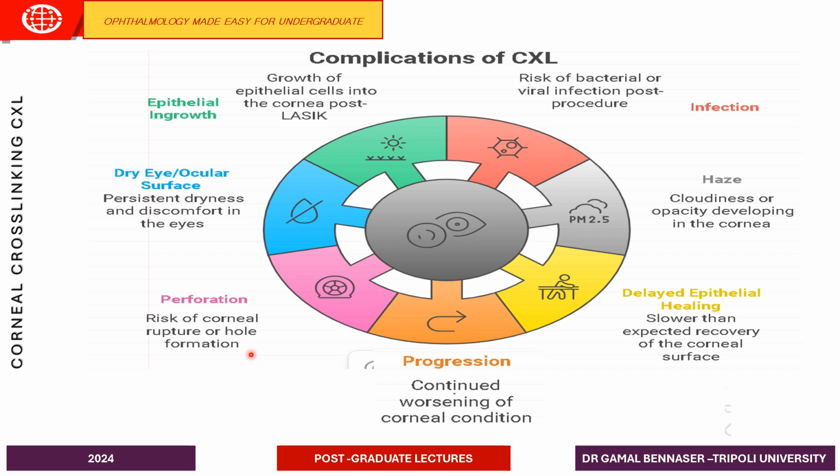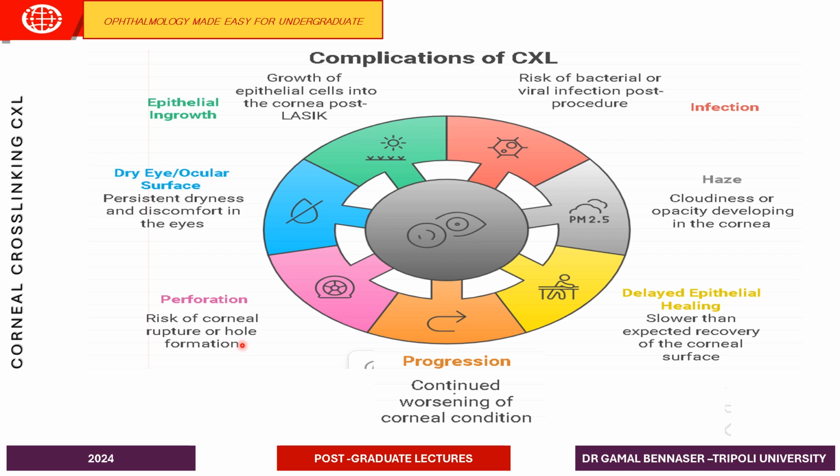And among the other important complications is the presence of corneal haze. Now, this corneal haze might be due to poor selection of the case from the beginning. People with high K readings and old people are more prone to haze compared to other cases.